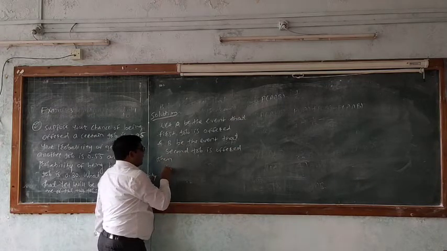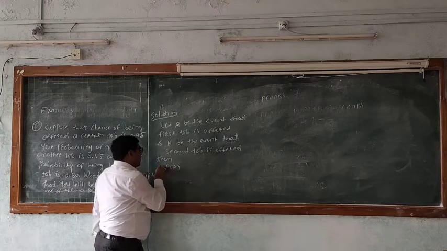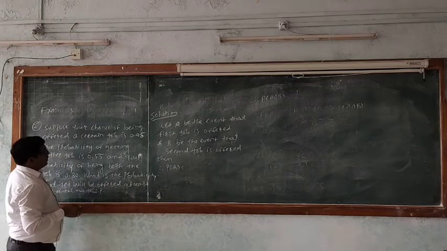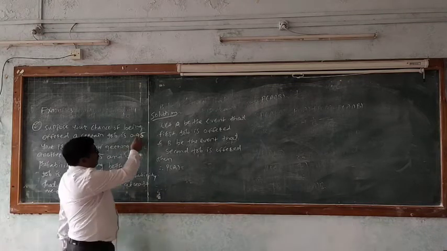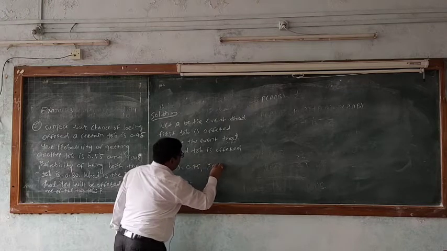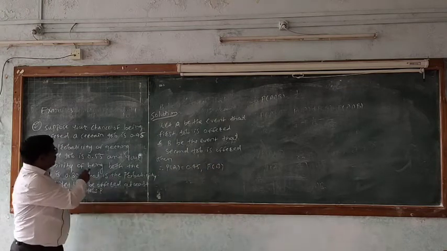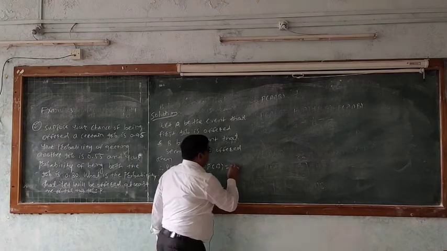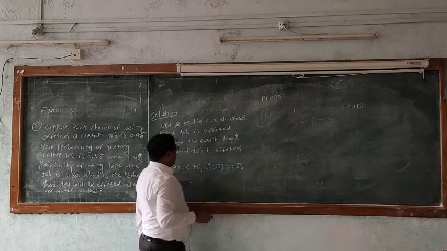Then we can write P of A. Therefore, P of A is what? You are already given, 0.45. P of B is 0.55. Right?